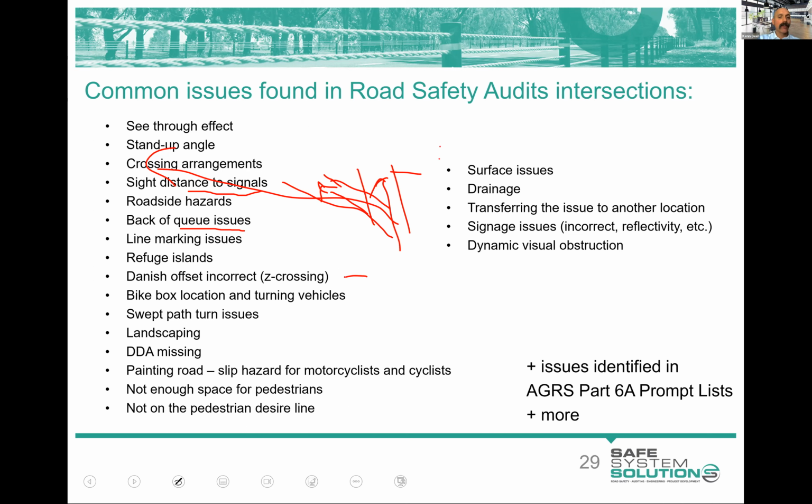Danish offset crossing. Somebody's doing their assignment on that. This is an interesting one. It's kind of a minor thing, but it's another one that as auditors we love to pick up. So the Danish offset, the Z crossing, is that in the median you've got some area to walk, and this is the way you want to see it.